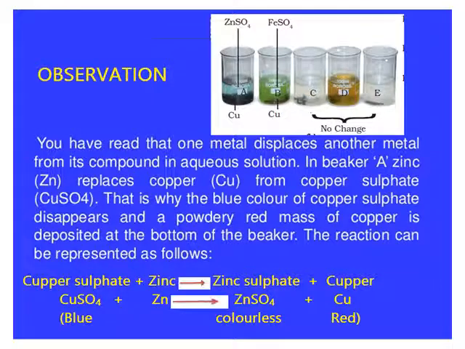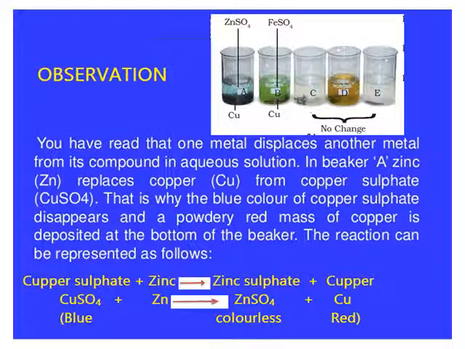Let us observe what happens in beaker A. What are the chemicals taken in beaker A? Copper sulfate and zinc. Copper sulfate is always blue in color.